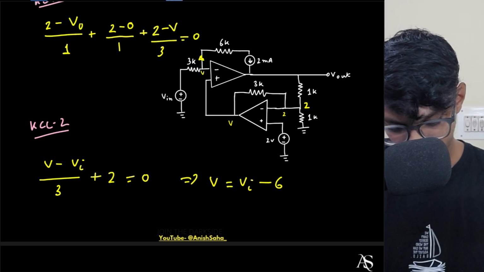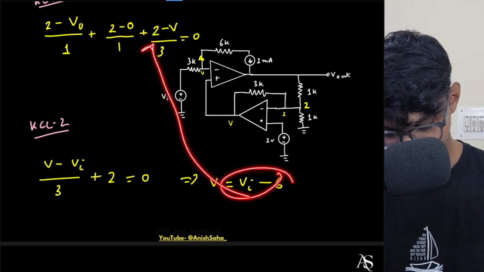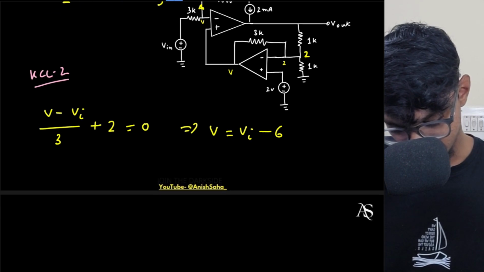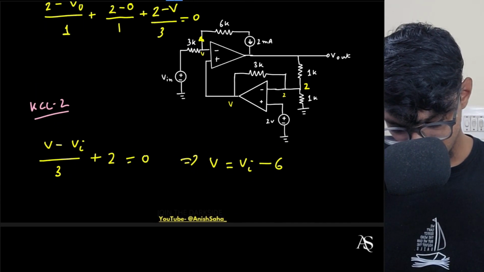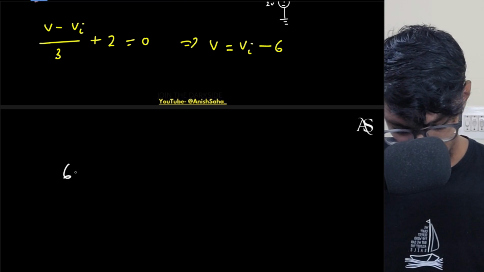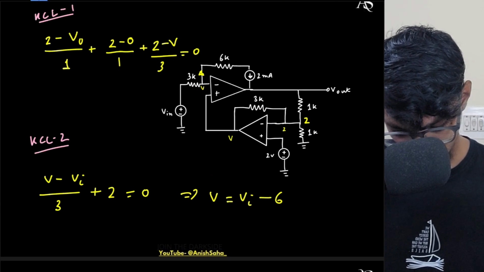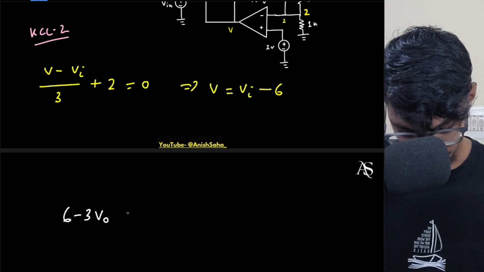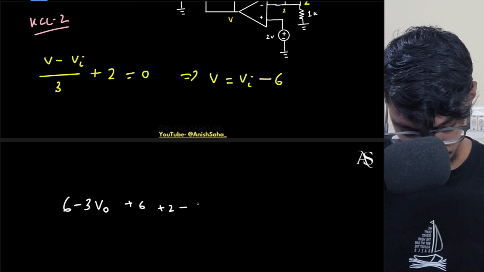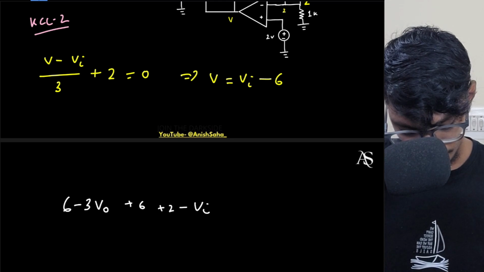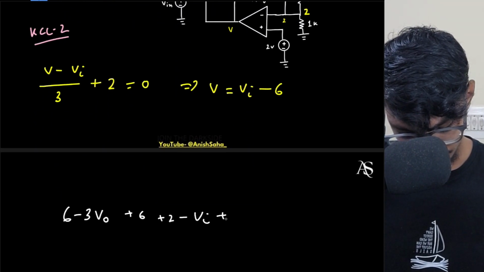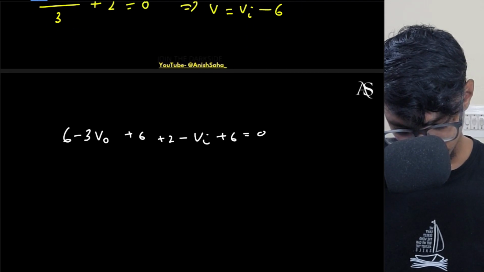So now if you want to replace your V here in this equation, what will you get? Yeah, it will go minus 6. So if I multiply everything by 3, this will be 6 minus 3 V naught, plus 6 minus 3 V naught plus 6, plus 2 minus of V naught, so minus Vi, plus 6 equals to 0.